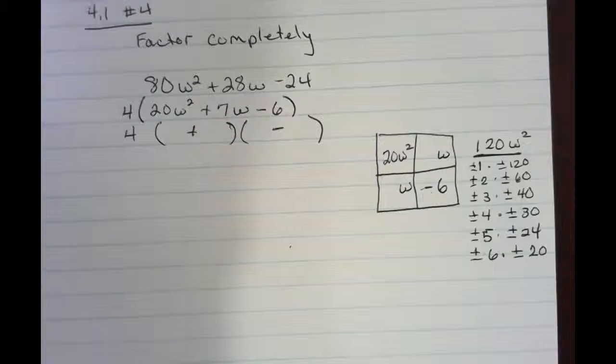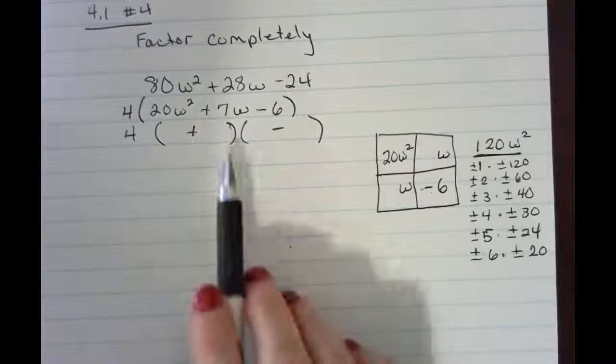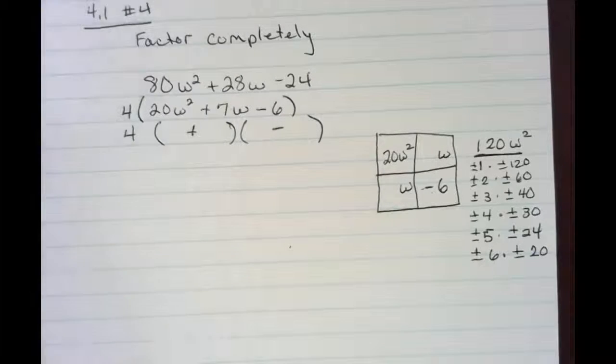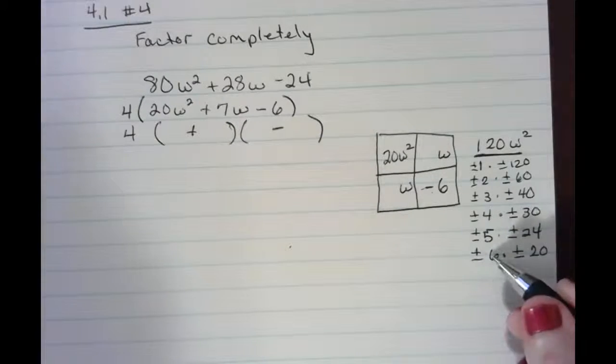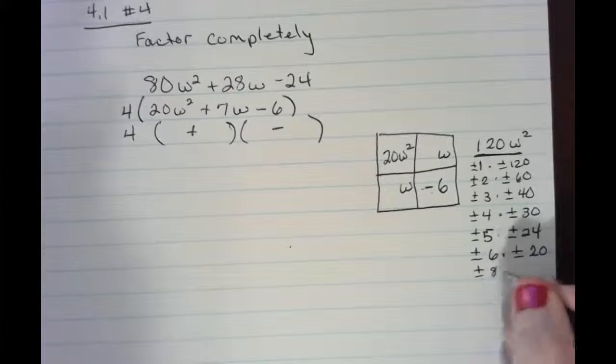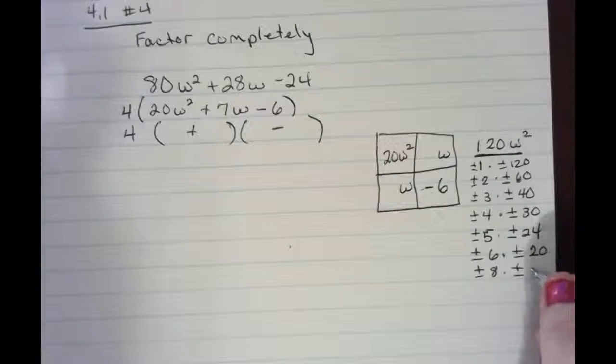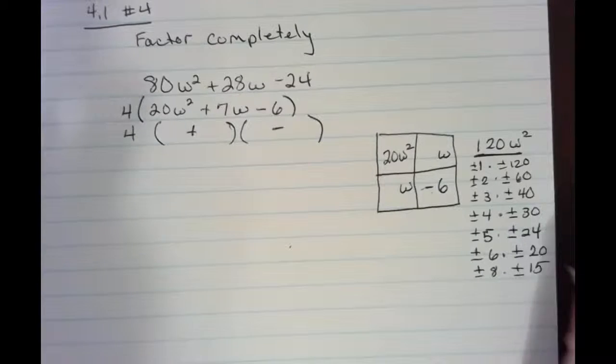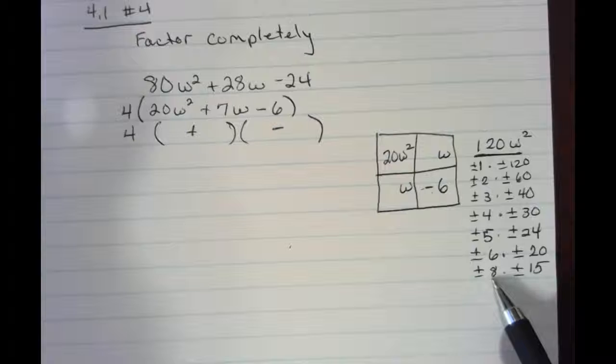And we can say, well, we're getting closer, but not quite to the 7, sorry. To get 7 is what we're trying to get. 7 won't go into 120 evenly. Let's try 8. 8 will go into 120 15 times. Oh, wait a minute. If we look at 15 minus 8, that would give me a positive 7.